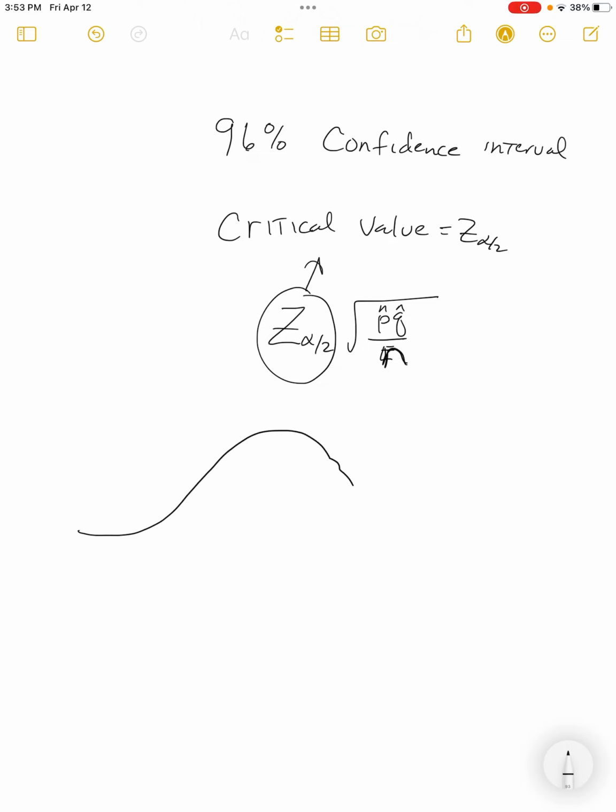Visually display what the 96% is. I'm going to go ahead and put it as its decimal equivalent in here. Hopefully that's okay. 0.96 is 96%. Well, 100% minus 96% tells me that there's 4% left over. Well, that 4% is evenly split with 2% being on one side and 2% being on the other.